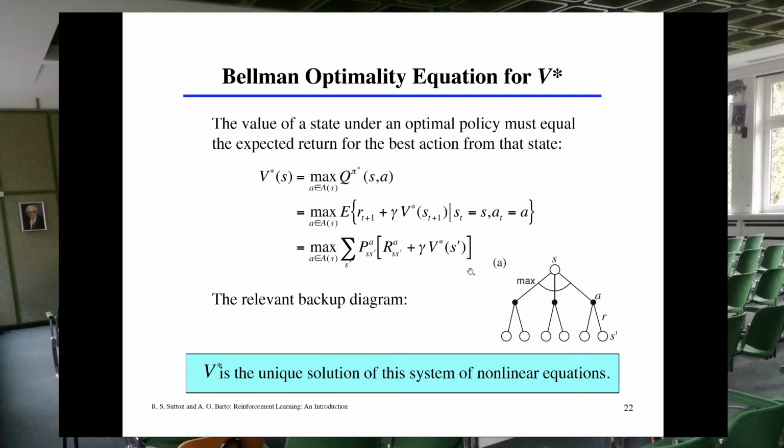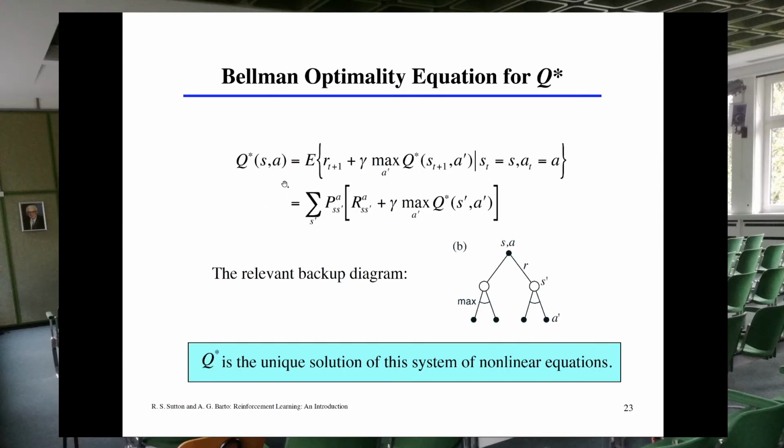And we can represent this with the backup diagrams that we saw before, as the value diagram, remember, starting in this state but with a maximum over the possible actions. This represents a system of nonlinear equations when we want to maximize over the possible policies and possible states and actions, and the solution of this is the optimal value function.